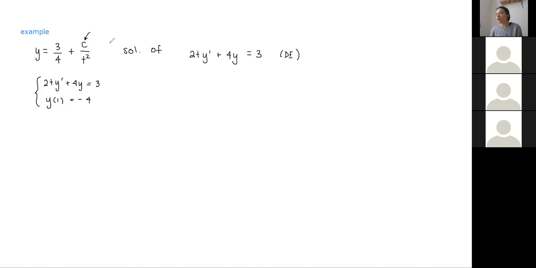So you already know that your solution has to have this form. Now what I need you to do is to find the one value of c, this constant that we still haven't found the value for, that will make y equal to -4 when t is equal to 1. Raise your hand, please, if this is clear.